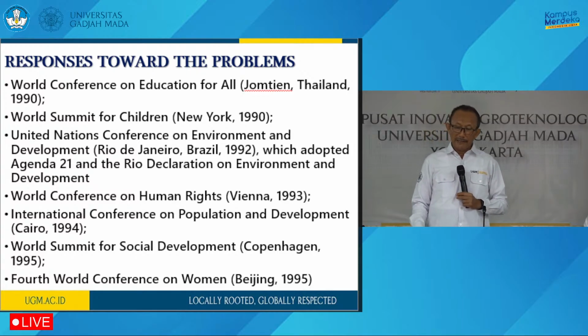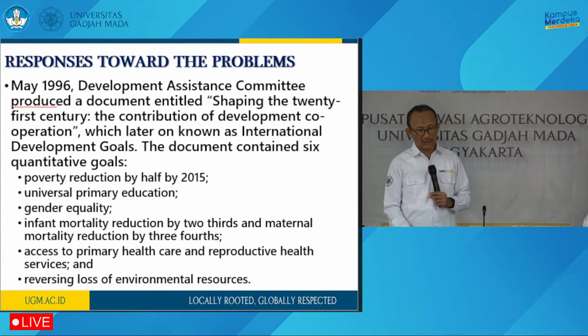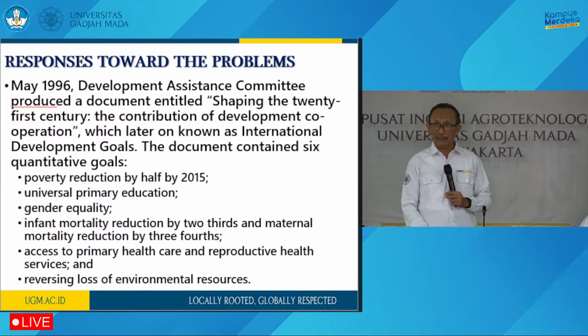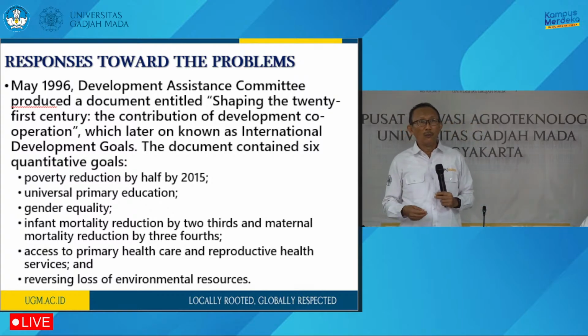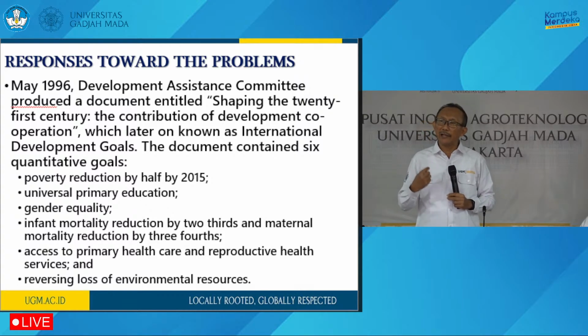And in May 1996, this is the most important step, the Development Assistance Committee produced a document entitled Shaping the 21st Century. While before, when we talked about development, we talked about economics only.